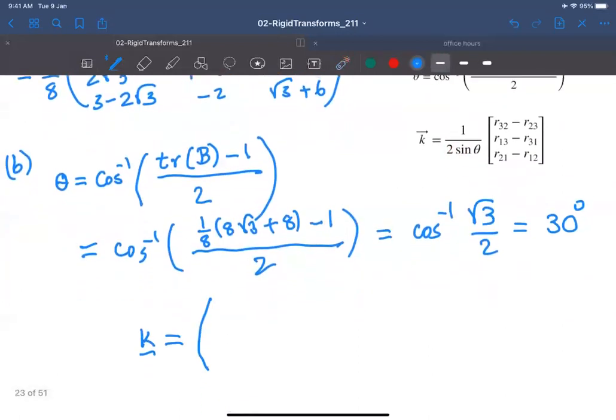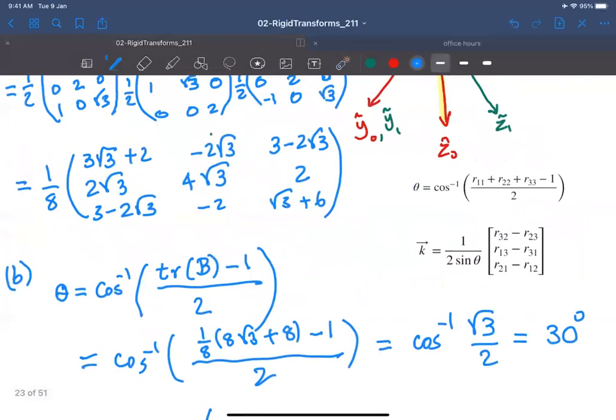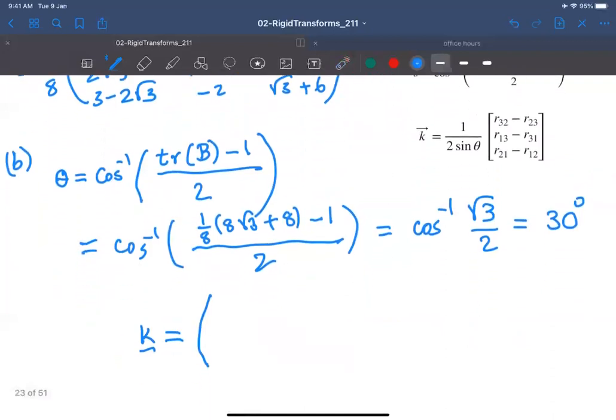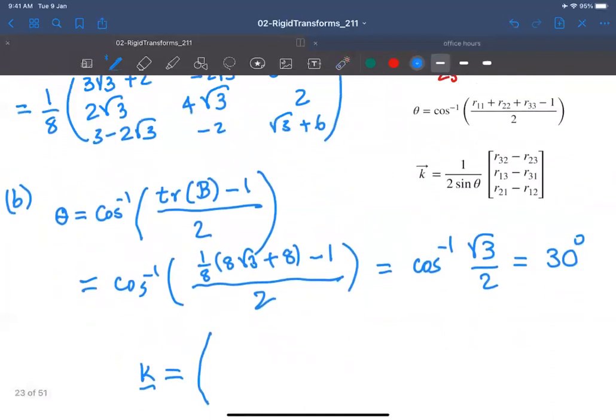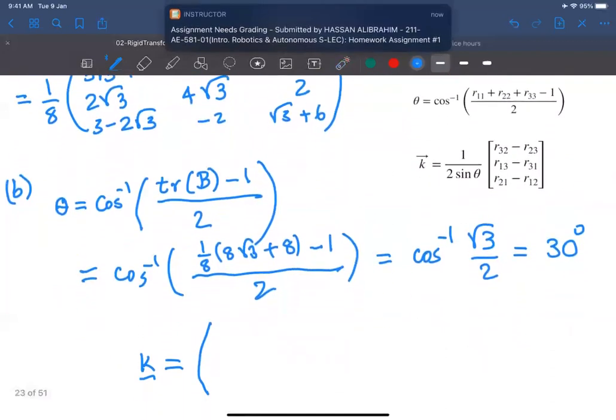R32 minus R23, which is this one. So this minus this, which is minus 4. Do not forget about the 1 over 8. It's taken as a common factor. Minus 4.